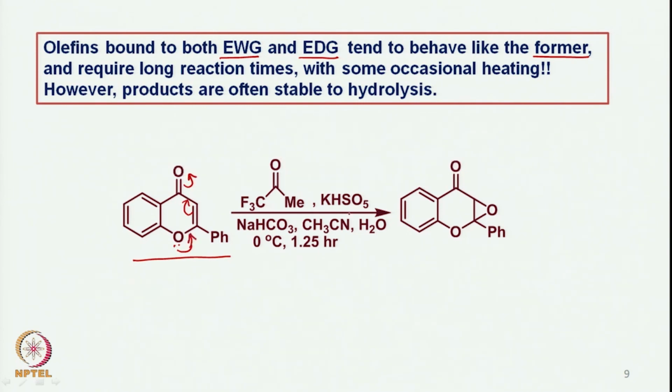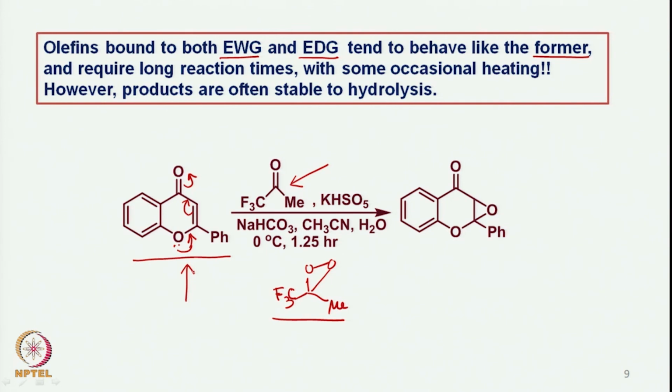When the reaction is carried out in an in situ fashion, you can see here the starting ketone is taken as trifluoromethyl ketone, and this is mainly because if the epoxide is to be formed, you need a very reactive dimethyl dioxirane, and since there is an electron withdrawing CF3 group present here, the reactivity of this dioxirane is very high.